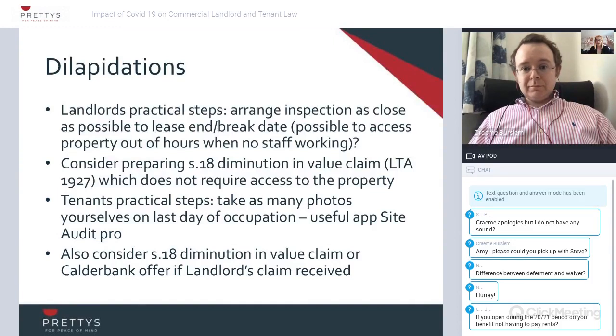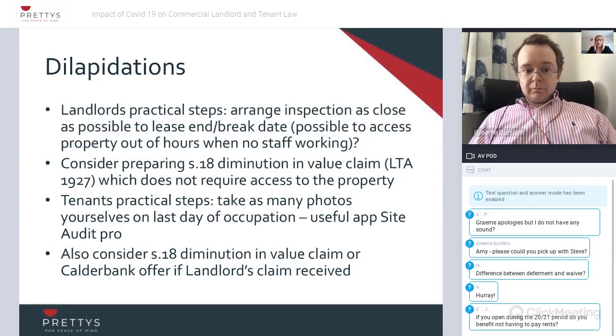You can go around and take photos. It will allow you to circle areas needing repair and then write commentary underneath. As I say, it's no substitute for a full surveyor schedule, but it will help you to produce a very comprehensive written schedule of the state of repair for your own records, and you can then send that on to the landlord if there is an ongoing dispute.